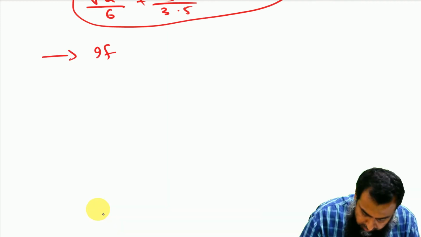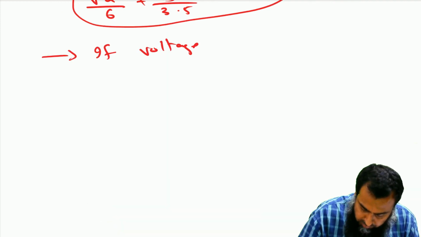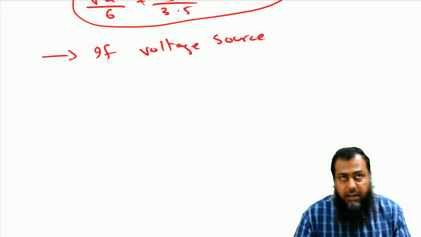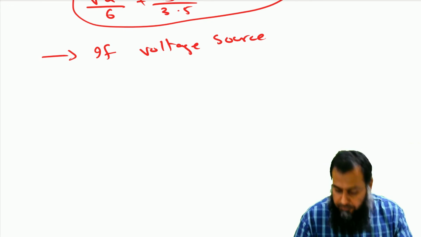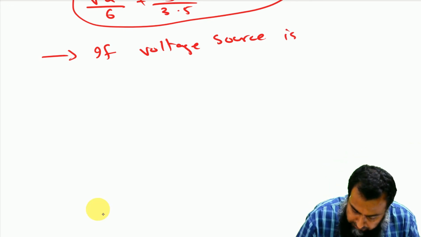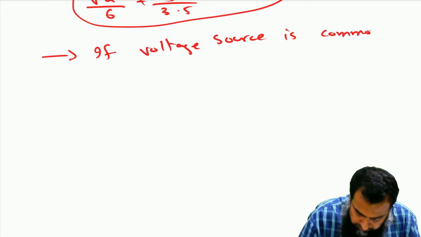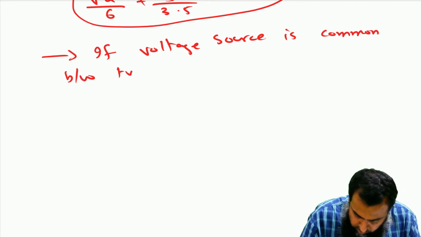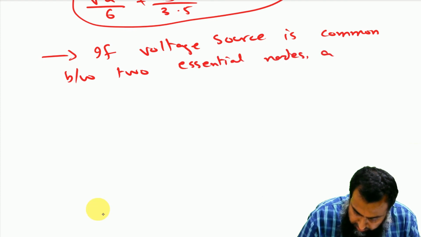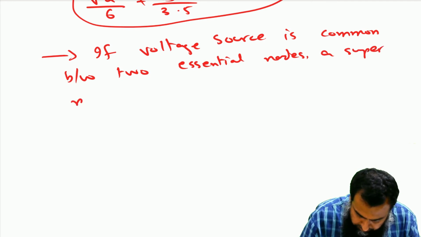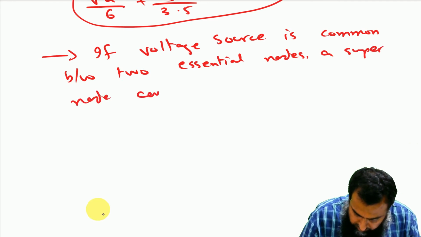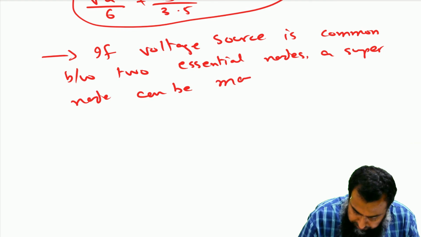However, if a voltage source, even if it is a dependent source or an independent voltage source, is common between two essential nodes, a super node can be made.